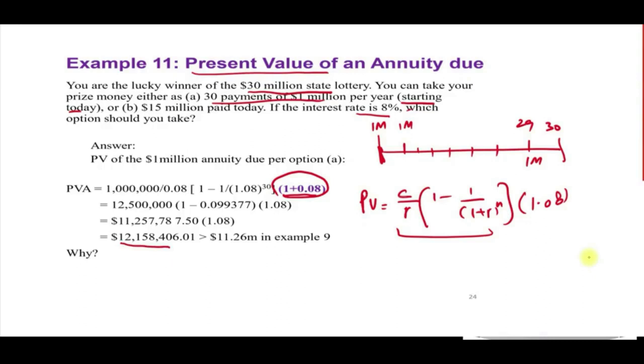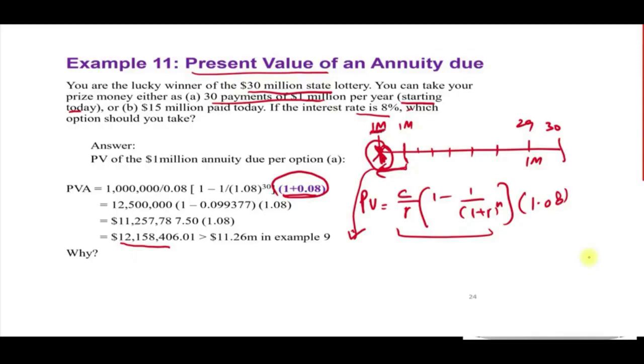It is because this cash flow is not discounted back to 0, right? This cash flow got saved from discounting. But if this cash flow is here, we will have discounting here. When we do discounting, the answer comes out less, right? Because we have one cash flow at the start, our answer will be higher.